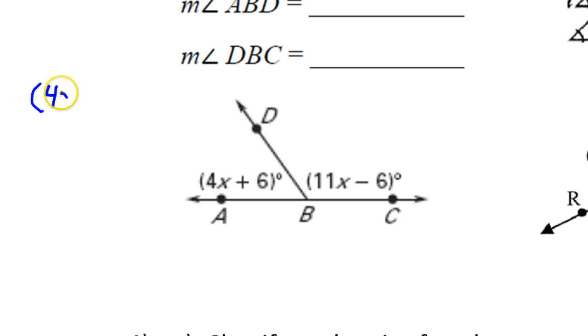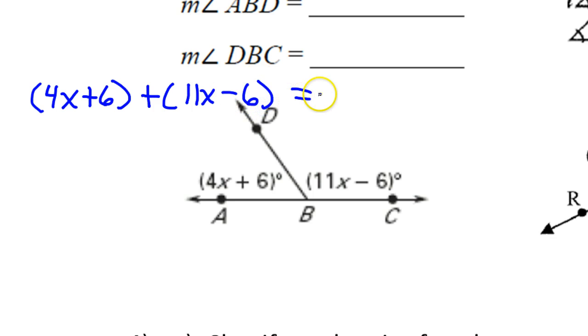So you're going 4x plus 6 plus 11x minus 6. That has to equal 180. 4x plus 11x is 15x. Oh, look at this. Positive 6 and negative 6, they cancel each other out.